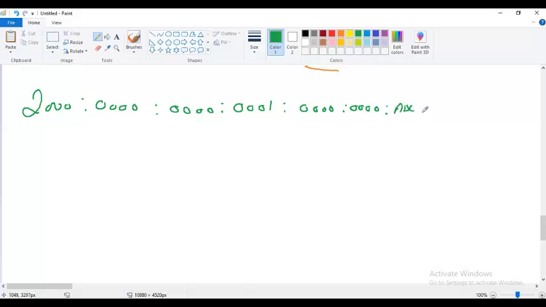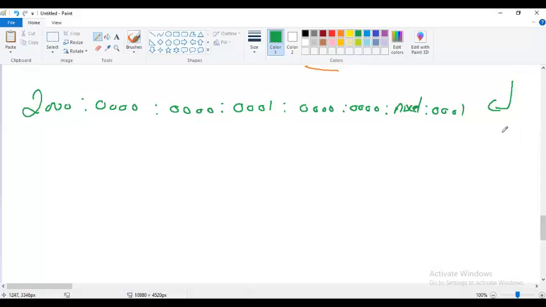Let us take this as an IPv6 address, for example. I have 8 hextets here. Now, do we need to write it like this, or can we write it in a very short form? Yes, you can shrink it and write it. How?